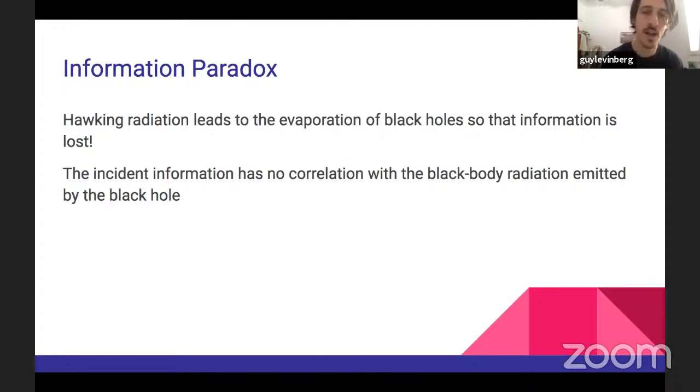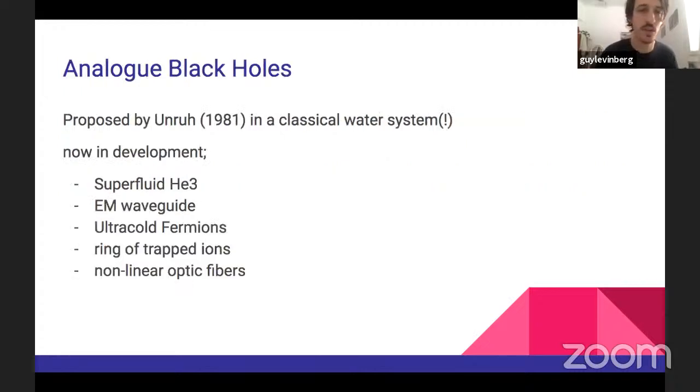Photons entering the black hole are considered to have negative energy, which at the end evaporates the black hole after something like 10 to the power of 17 years. That's the fate of any black hole. There are many ways people are proposing to solve this information paradox, involving concepts like firewall and soft theorem, which I'm not really going to discuss here.